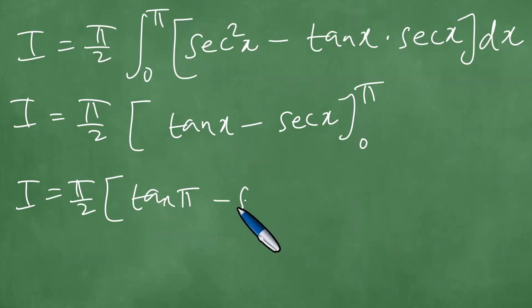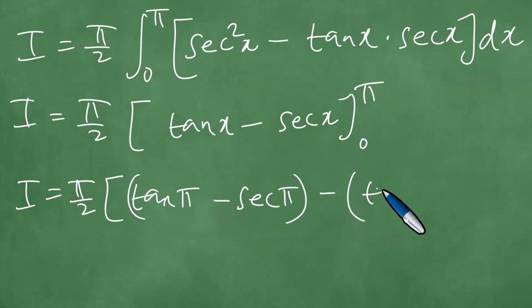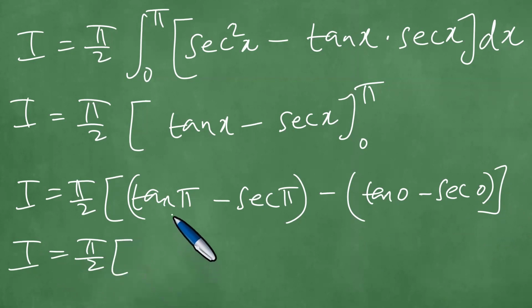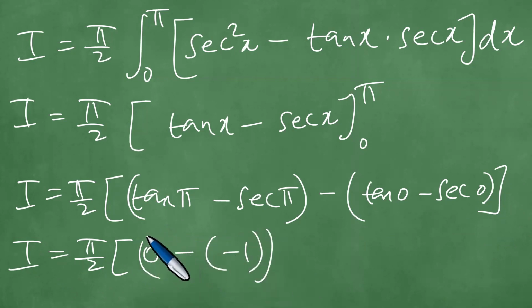So this is the tangent of pi minus the secant of pi, minus the tangent of 0 minus the secant of 0. The tangent of pi is 0. The secant of pi is minus 1. The tangent of 0 is 0, and the secant of 0 is 1.